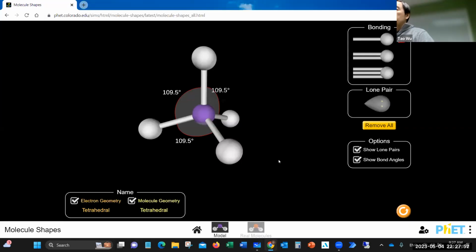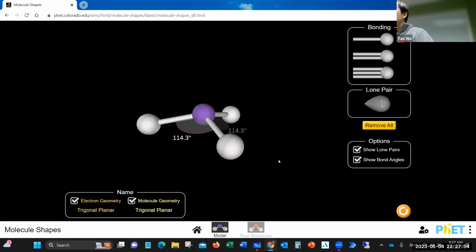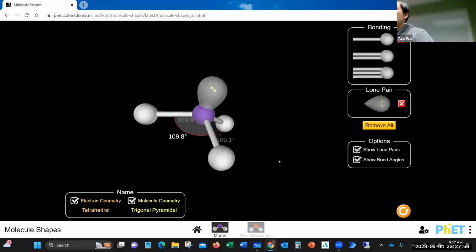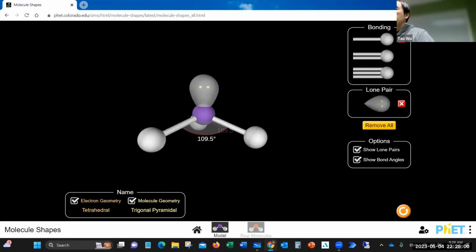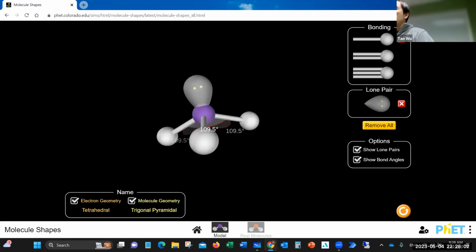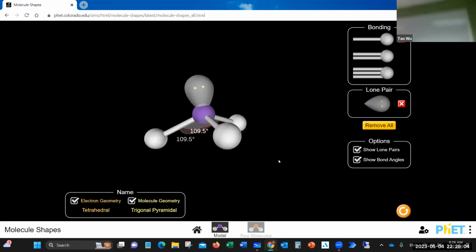But if we have a lone pair, although those still occupy the 4 electron domains, remember this one is missing. So the geometry is no more tetrahedral. There's no one sticking up.